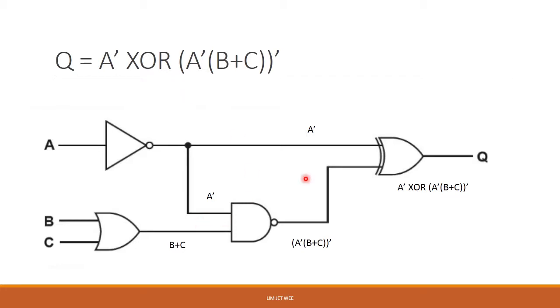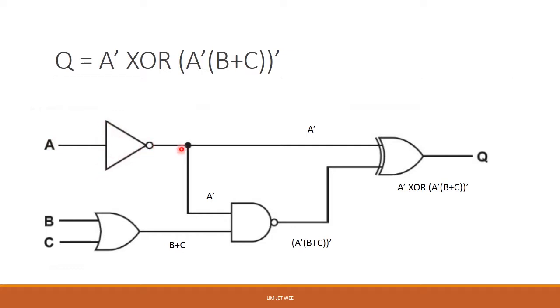So I have the same diagram here. The only difference now is I'm going to work from the left hand side all the way to Q, going through all the gates. We'll start from the top. This is A, and this is your NOT gate.